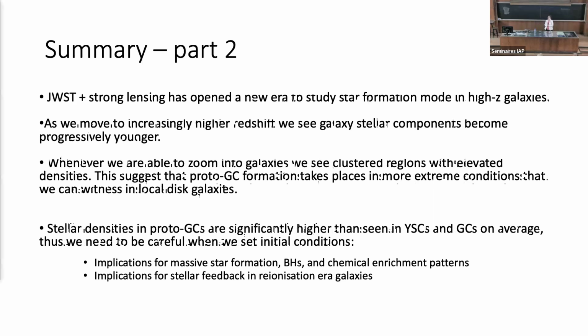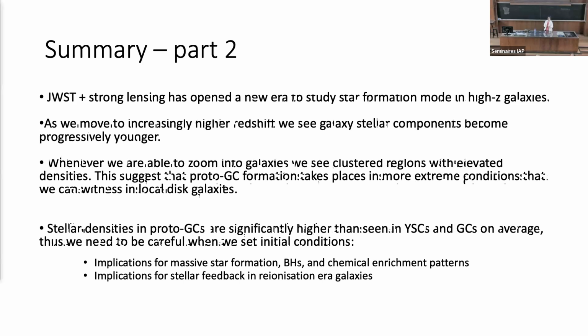Thanks, Angela. Going back to the first part of the talk about the characteristic mass of the cluster mass function, do we have any physical understanding of where it comes from? Is it connected to the characteristic mass for the IMF, or what's the physics that's driving this mass? I think it is connected to the molecular cloud mass.